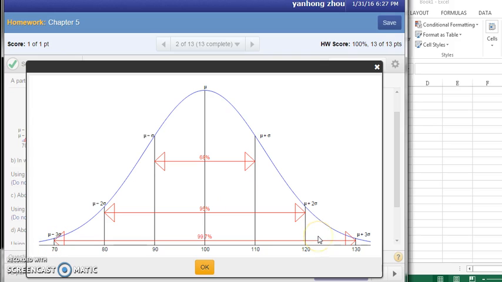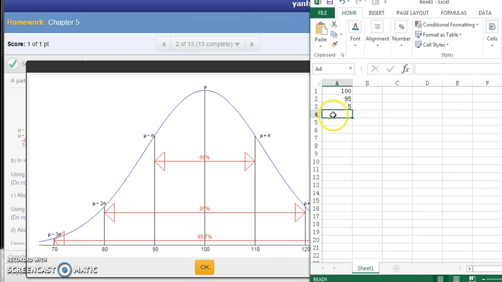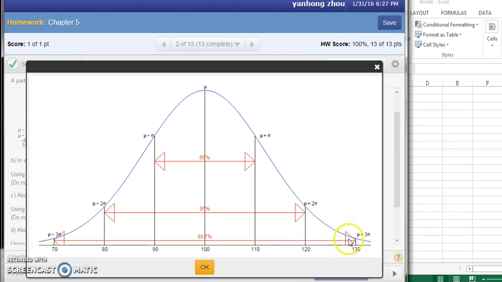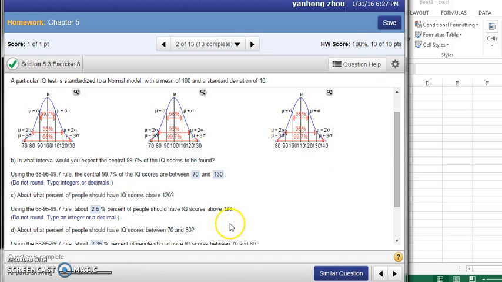And now we only have interest in the upper side, because of the symmetry of a normal distribution, you know that this side is equal to this side. So you're going to use this 5 divided by 2. So okay, one side is going to be 2.5. Okay, so your correct answer will be 2.5%.